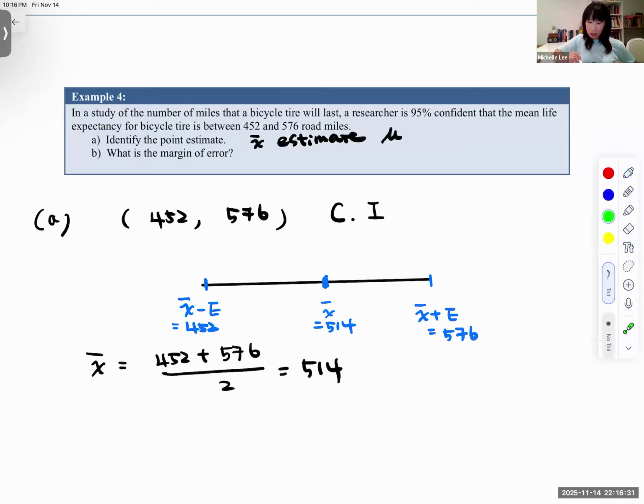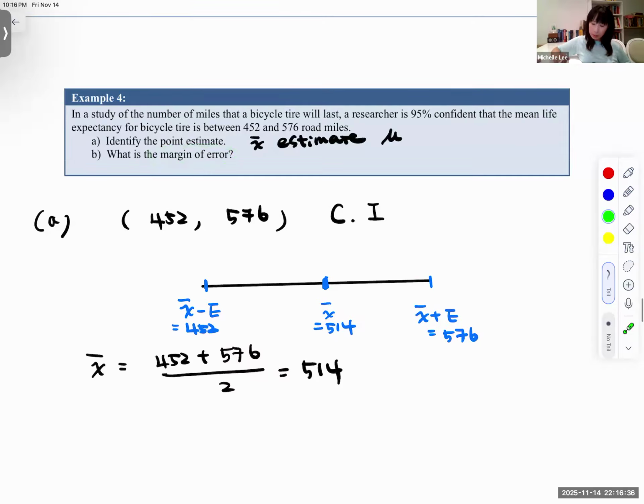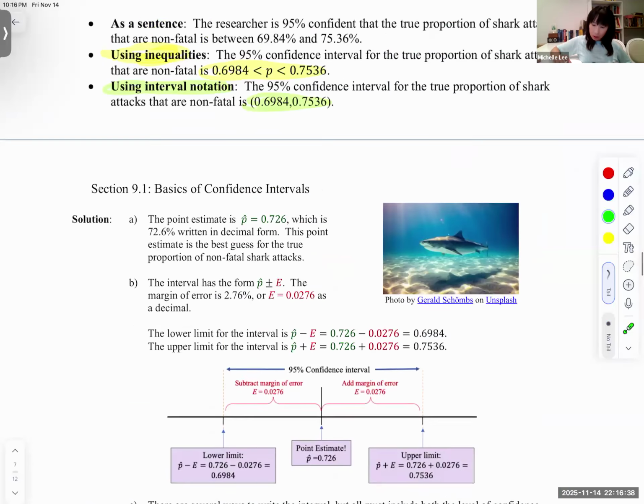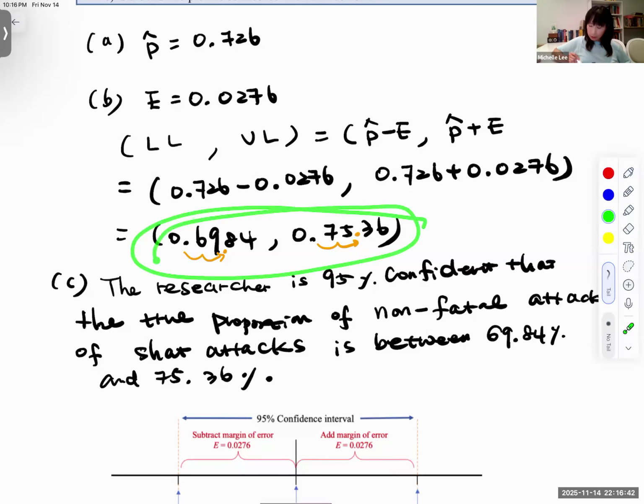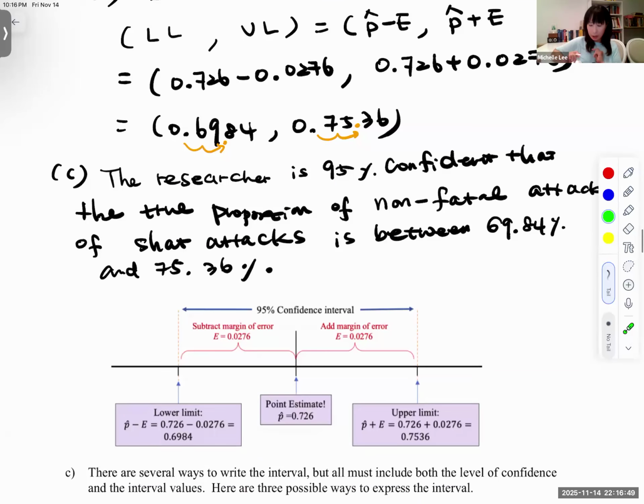Now we want to find the margin of error. Okay, let's take a look here. We have two numbers given. So pretend we don't know the margin of error. I'm hiding it, so just the two numbers are given, right? How do we find the margin of error from here? Because the margin of error is inside there, right?